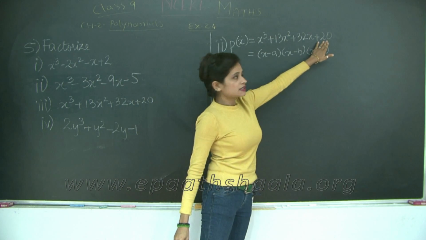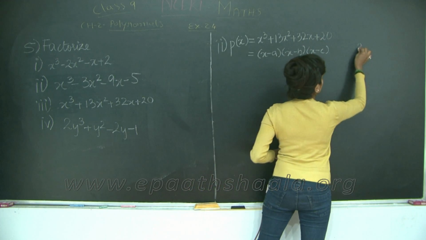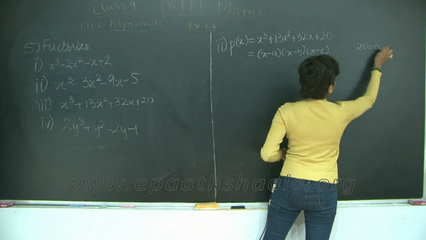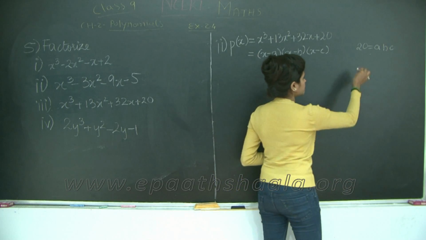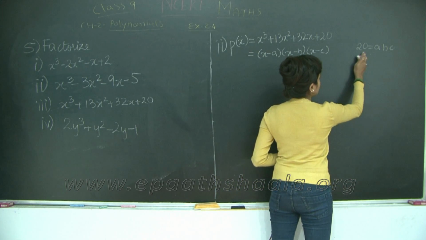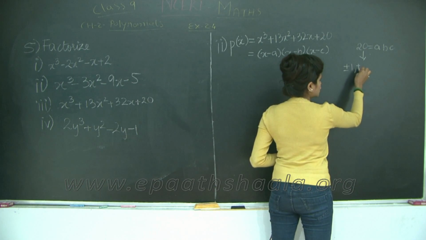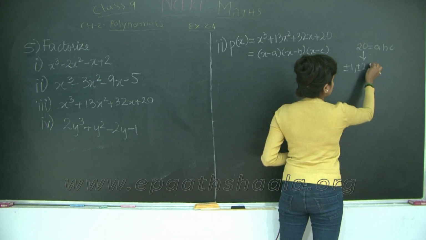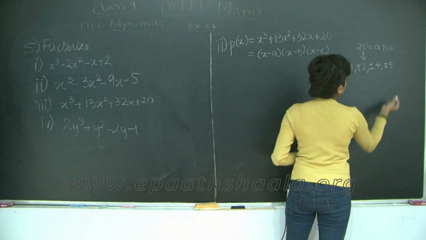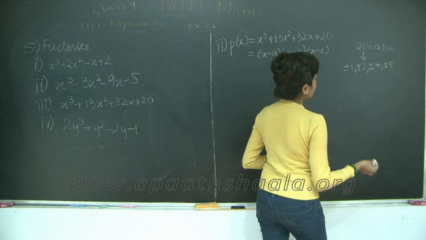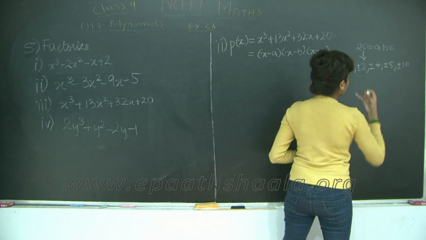Therefore, by splitting, now 20 is the constant, which is equal to a into b into c. So we need to find the possible factors of 20, which are plus or minus 1, plus or minus 2, plus or minus 4, plus or minus 5, and so on.